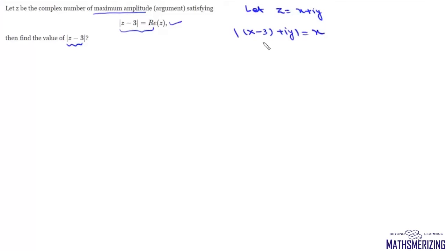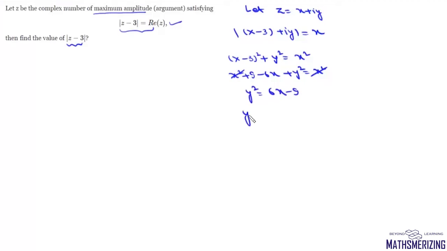So we'll find its magnitude and square it. We'll write x minus 3 square plus y square is equal to x square. So we'll get x square plus 9 minus 6x plus y square is equal to x square, which will get cancelled. So we'll write y square equals 6x minus 9, or y square is 6 into x minus 3 by 2.